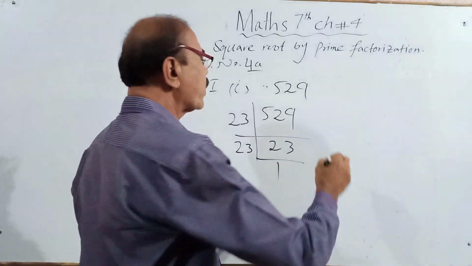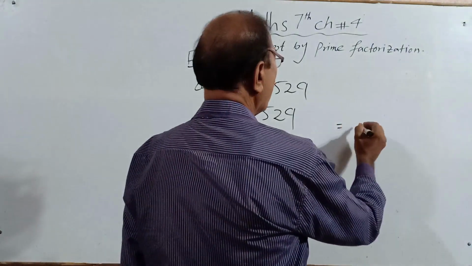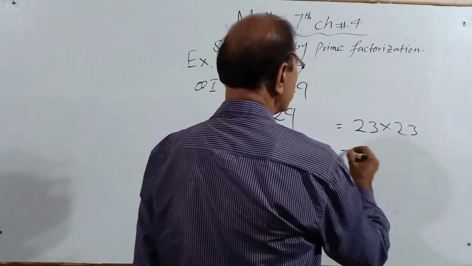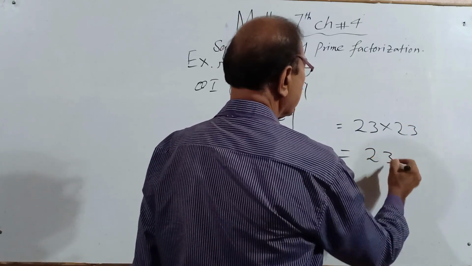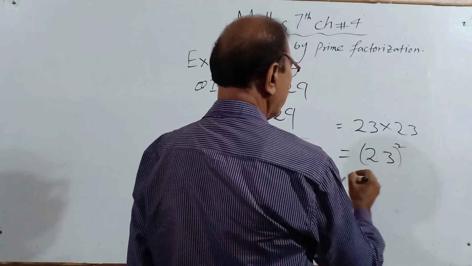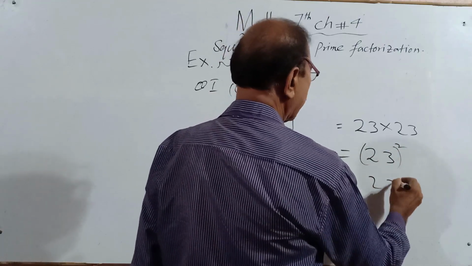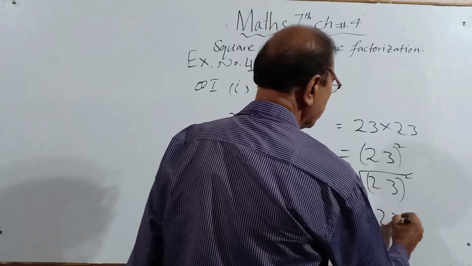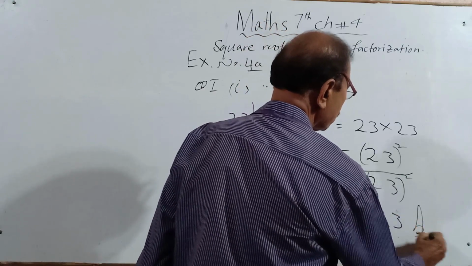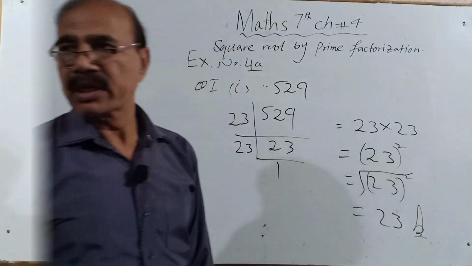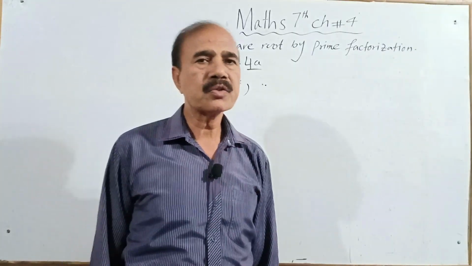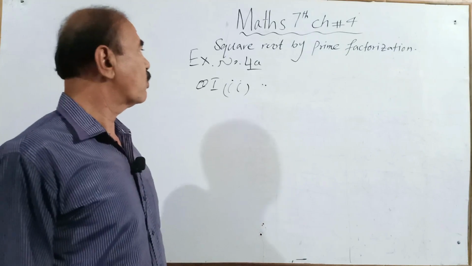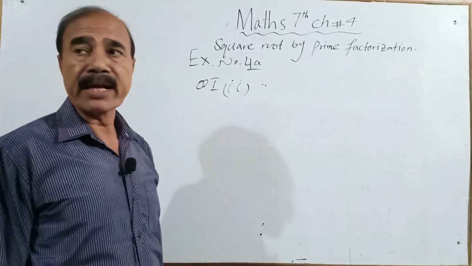So its prime factors are 23 multiplied by 23. So it means 23 whole square, and by square root we can write its answer as 23 by prime factors.